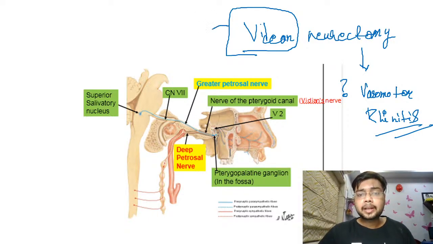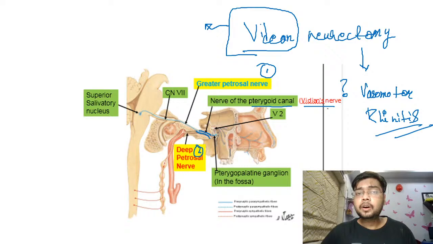Now you all know that this Vidian nerve is formed by the joining of the greater petrosal nerve, GSPN, and the deep petrosal nerve in the pterygoid canal, and that is why it is also called the nerve of the pterygoid canal.